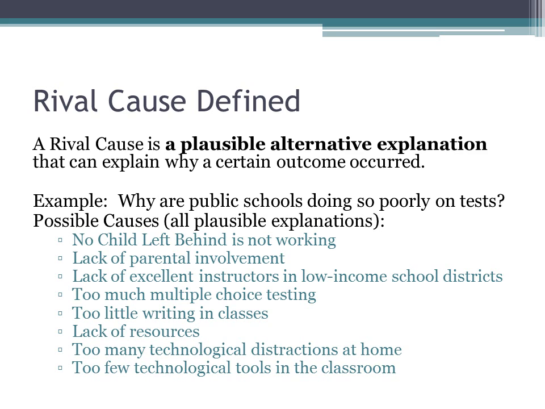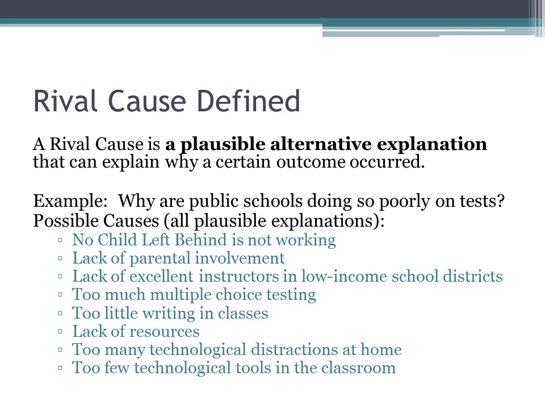So, for example, one of the big issues that we've talked about in the academic world is why public schools are doing so poorly on the standardized tests. Now, these are the possible causes, and they're all plausible explanations. The No Child Left Behind program, initiated in 2000, did not work.